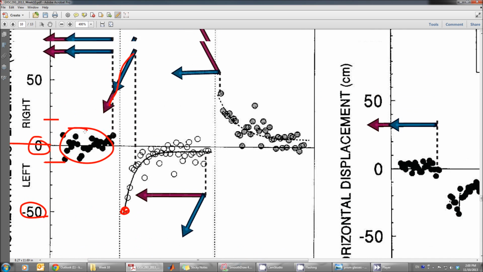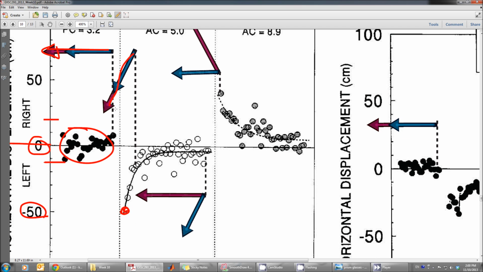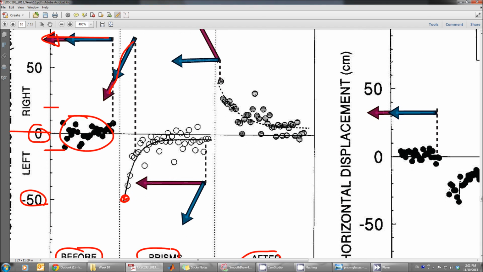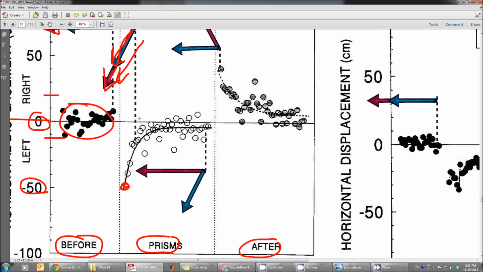Before wearing the prism glasses, it's all aligned, and once you wear the prism glasses, the gaze deflects to the left, and your tendency to compensate for that deflection is to throw in the same direction as the gaze. And because you're throwing in the same direction as the gaze, the ball goes to the left with the same gaze deflection angle. So it deviates a lot from the target.